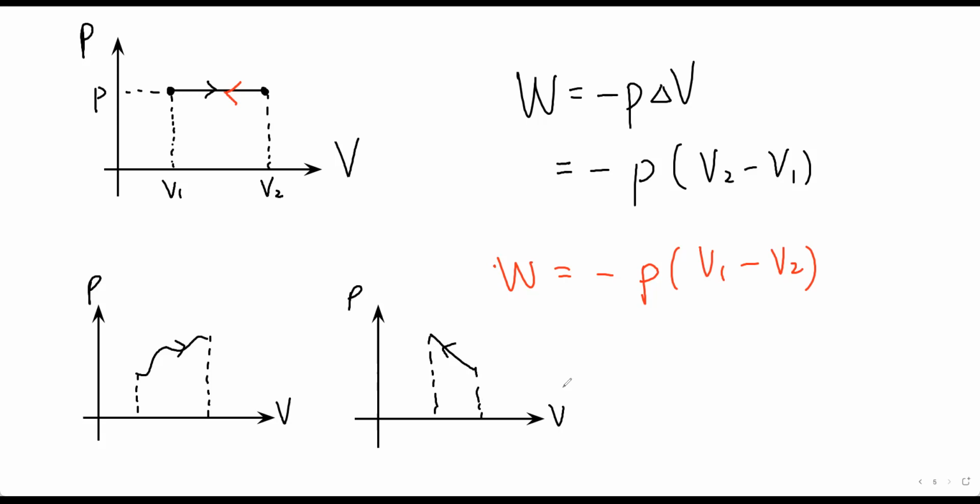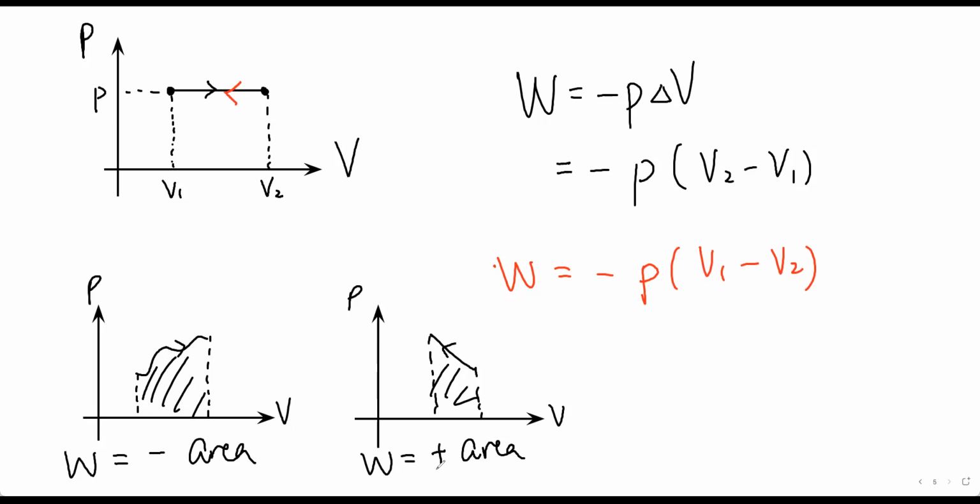The area under the graph means the work done, so what you do is just find the area. The difference between these two is that in this one the work done is negative because the volume of the gas increases, or the gas expands. But in this one, the gas contracts, so the work done is positive here. So it's kind of a positive area.